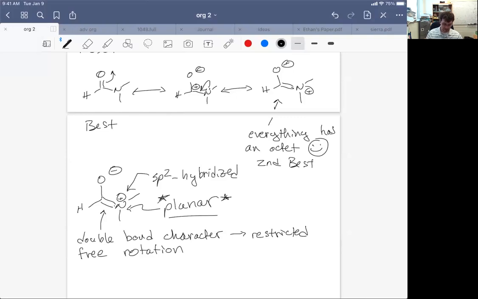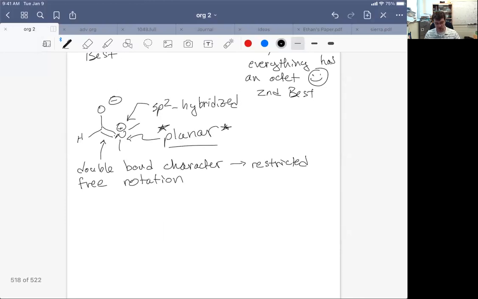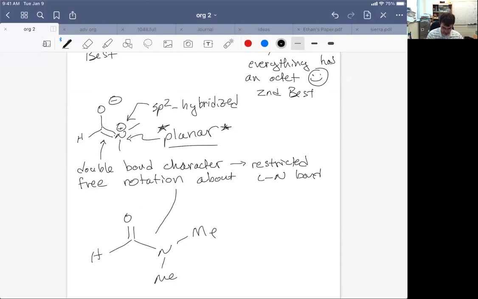Okay, if you have double bond character and restricted free rotation about the CN bond, then what that means is the alternative depiction of the exact same molecule, that is this resonance structure, also has restricted free rotation about that carbon-nitrogen bond.